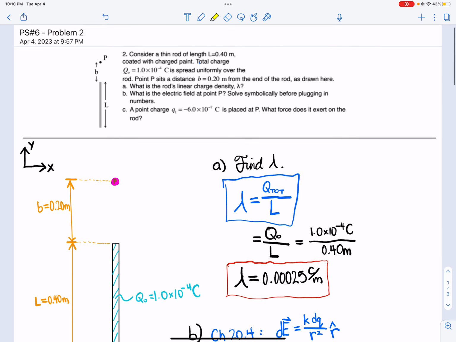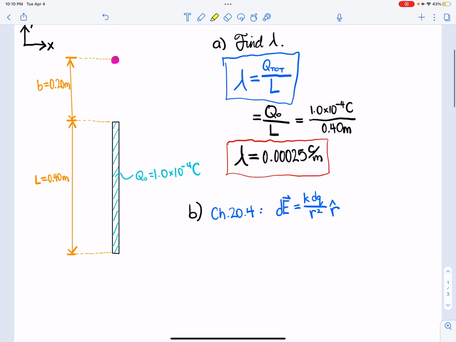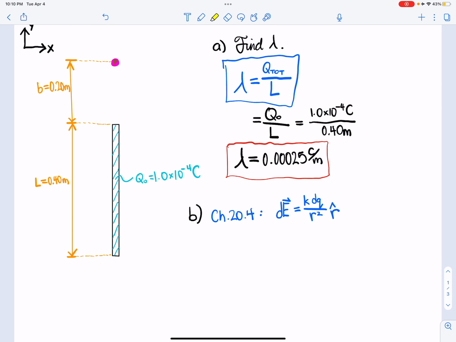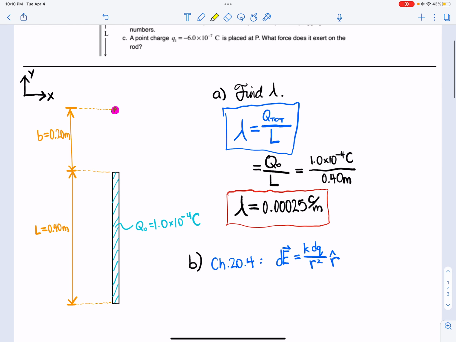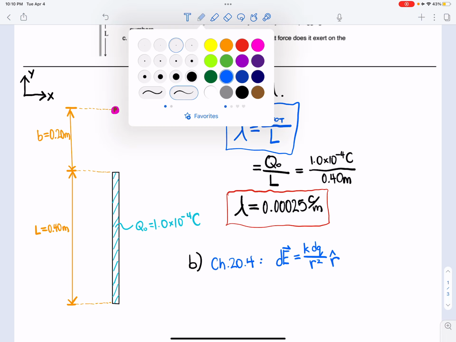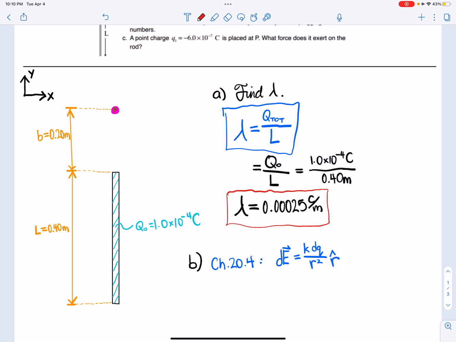And the problem said that the charge is uniformly spread throughout the thin rod. So that's going to affect our point P, as mentioned, and it'll have a certain electric field there. What direction is the electric field going to go?